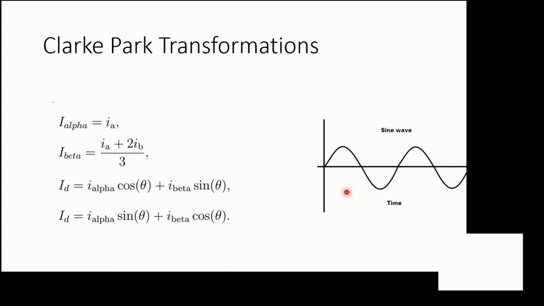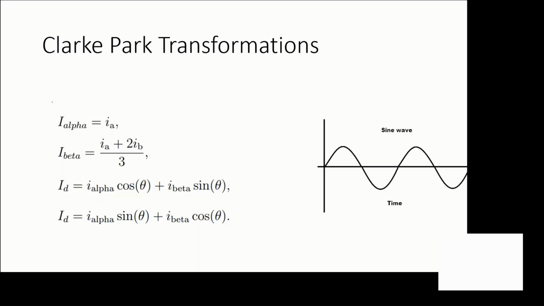One more assumption: we are exciting our motor with sinusoidal voltage, and in the same way we will observe the current generated in the motor is also sinusoidal in nature. So this current is sinusoidal with a particular frequency, and we also saw previously that our rotor is rotating with a particular frequency, and these are proportional.